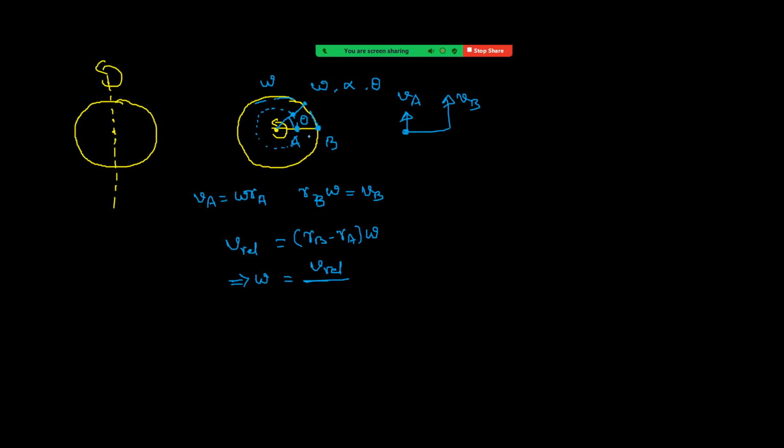Separation between any two points does not change. Therefore, V relative, normal to the line joining them, divided by the separation between them, RB minus RA, gives us the angular velocity of the body.